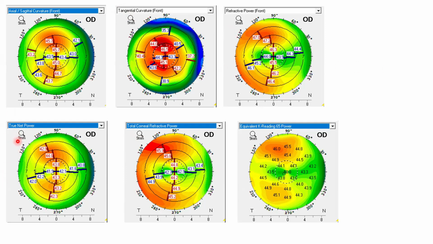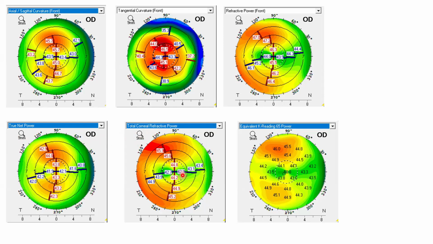In the true net power map, the anterior and the posterior axial corneal curvatures are used to find a true net power. The flip side to that is it can't be used with a formula which considers the refractive index of 1.3375. The total corneal refractive power is a similar map, but it is based on ray tracing.